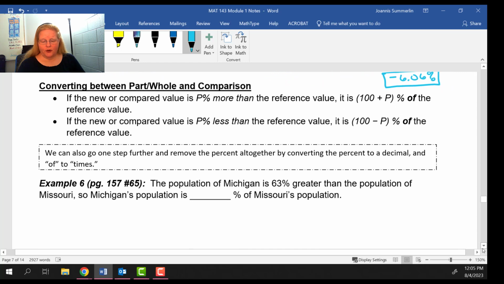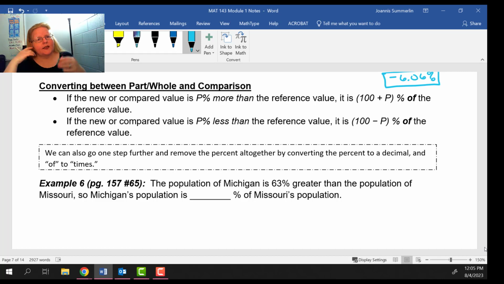Converting between part, whole, and comparison. If the new or compared value is p% more than the reference value, then you're going to add p to 100. If the new or compared value is p% less than the reference value, then you're going to subtract it from 100.